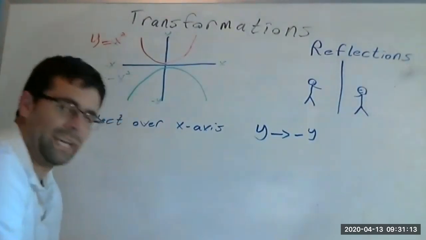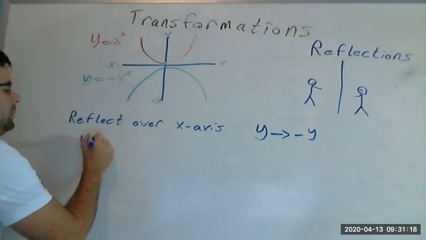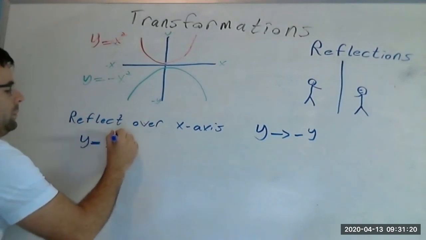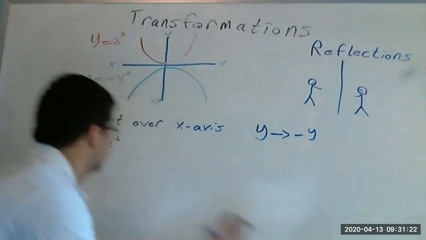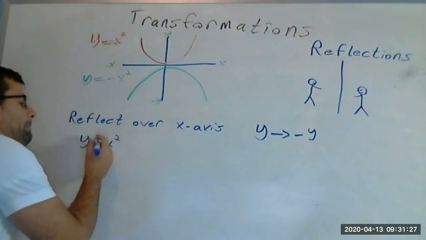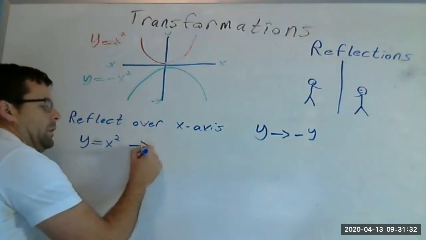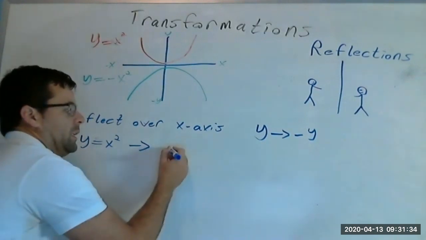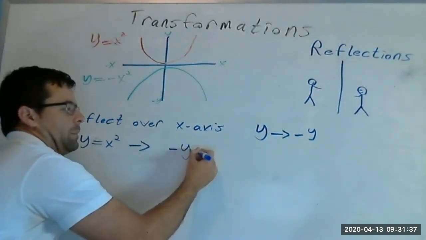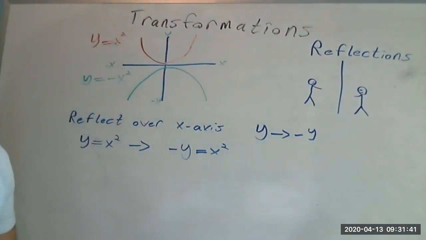So we take our initial function, y equals x squared, and we transform it to negative y equals x squared, and then we resolve for y.